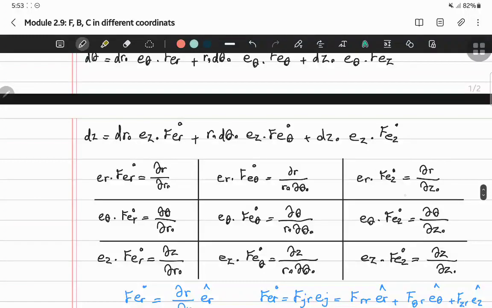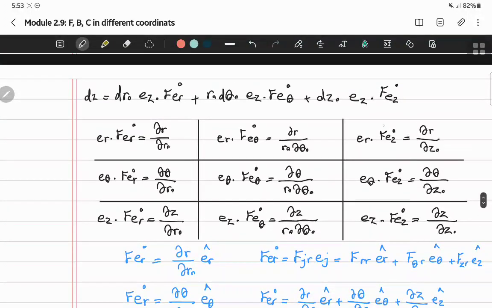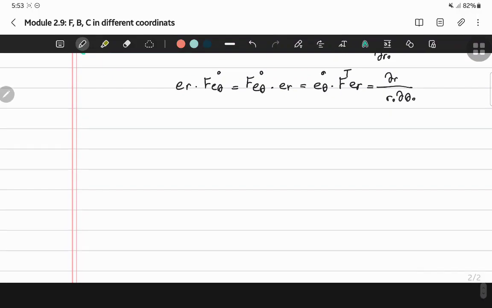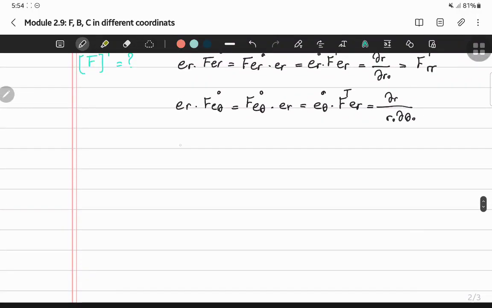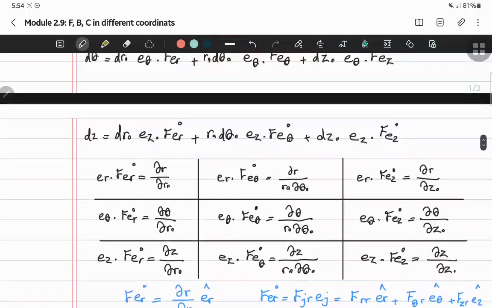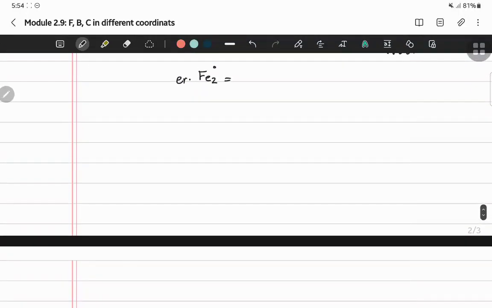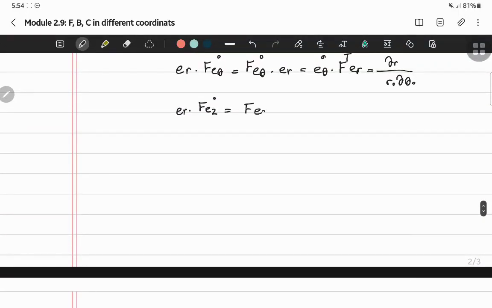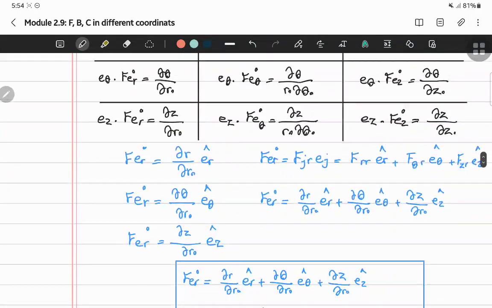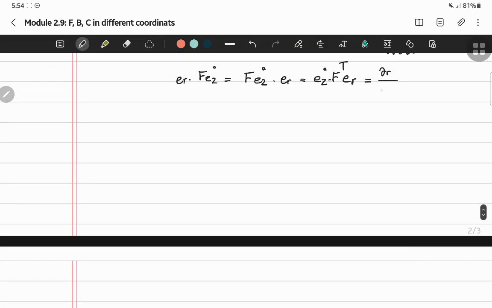And next, I'm going to calculate this one. So next I have e_R dot F e_Z0, which is this one in here. It is equal to F e_Z0 dot e_R. I can write this as e_Z0 dot F transpose e_R, which is equal to this expression, the partial derivative of R with respect to Z0.